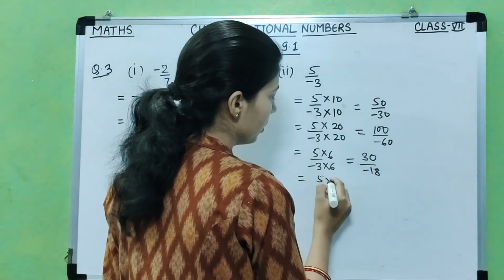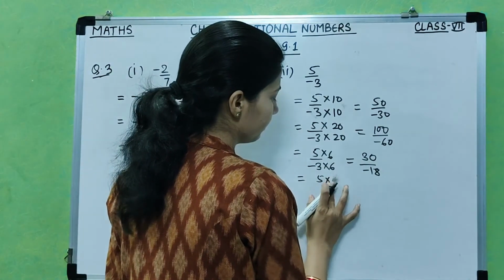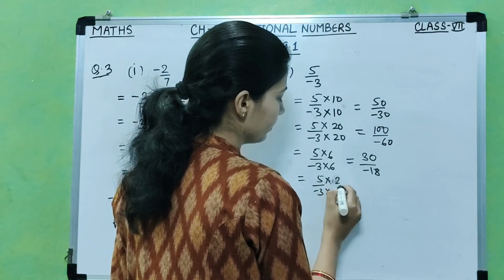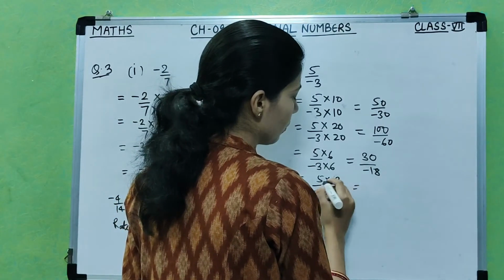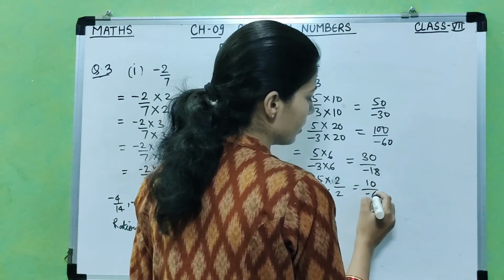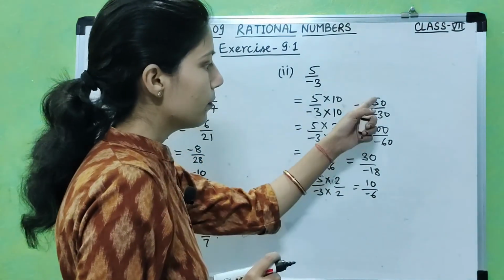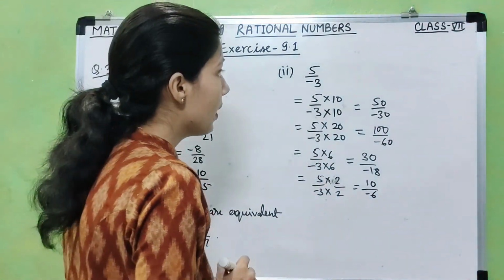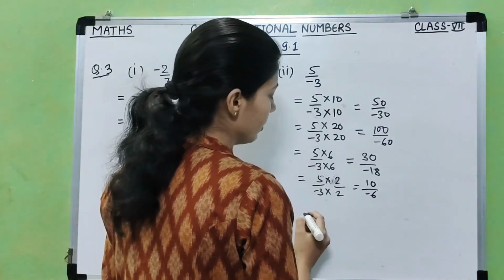Next fourth, 5 upon -3 if we multiply by 2, so 5 2s are 10 and -3 into 2 is -6. So these 4 rational numbers are the equivalent rational numbers of 5 upon -3. Okay.